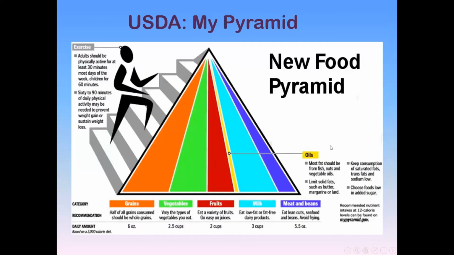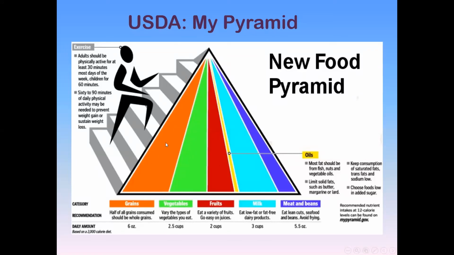So this is MyPyramid. This is the newest MyPyramid. They also put it vertically instead of horizontally, and they also divided the groups according to the amount needed. So you need a lot of grains, vegetables, and fruits, but you need only a little bit of oil and milk and meat.